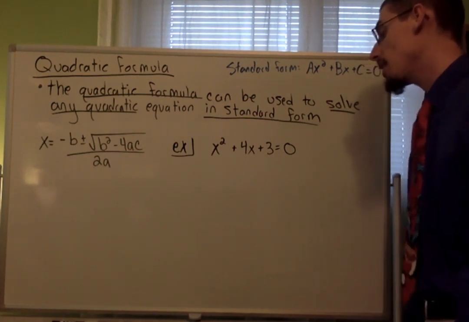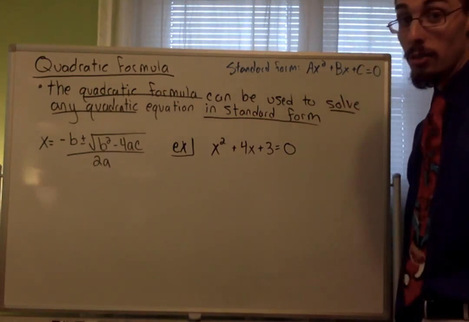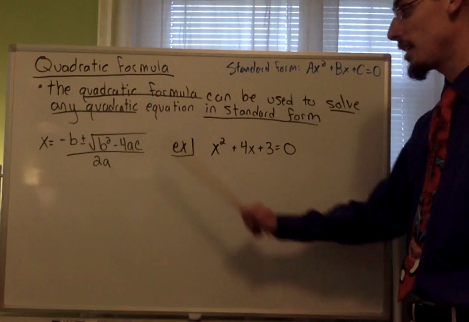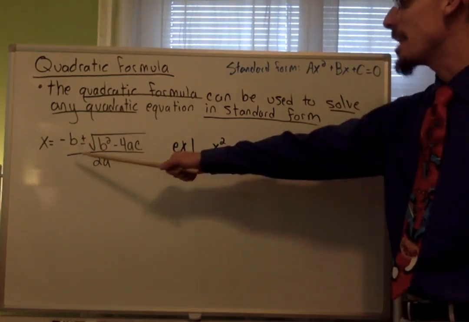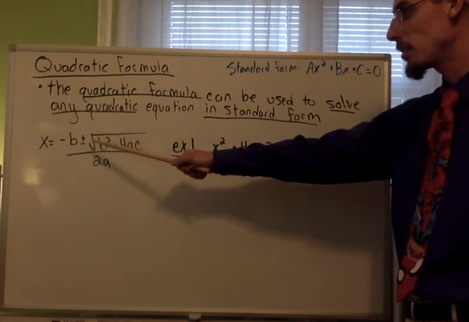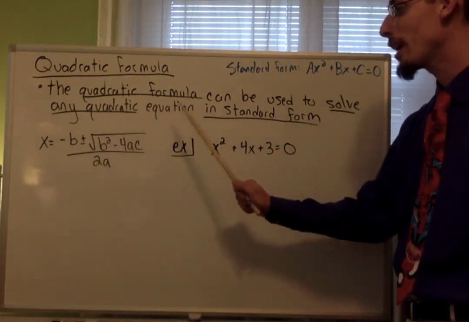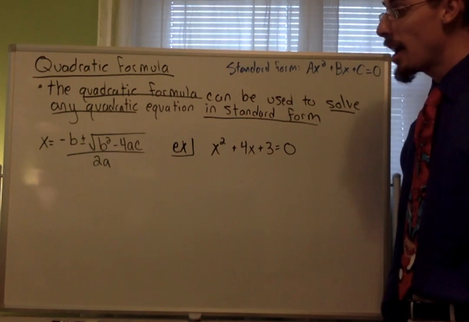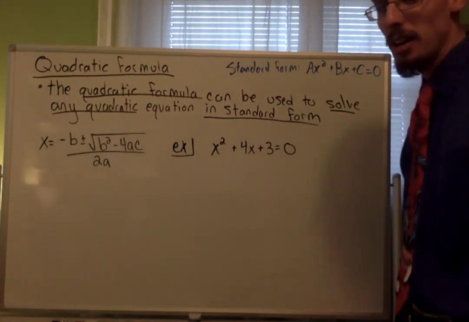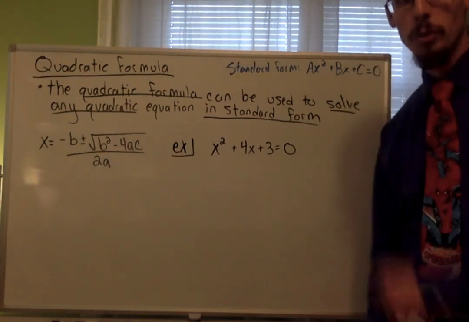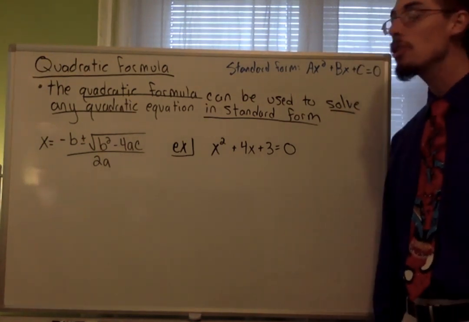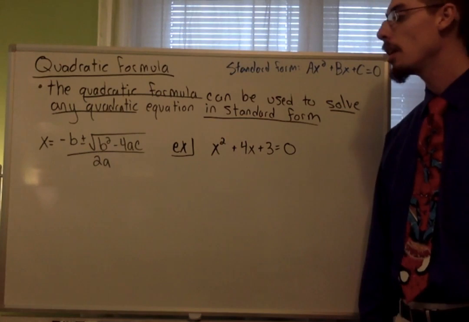Now, technically, given the fact that this is all online, you don't have to memorize this thing, but it would be in your best interest to do so, right? Negative b plus minus the square root of b squared minus 4ac over 2a. I mean, by the time you're done this section, you really are going to remember the equation whether you like it or not, because you're going to use it enough times.